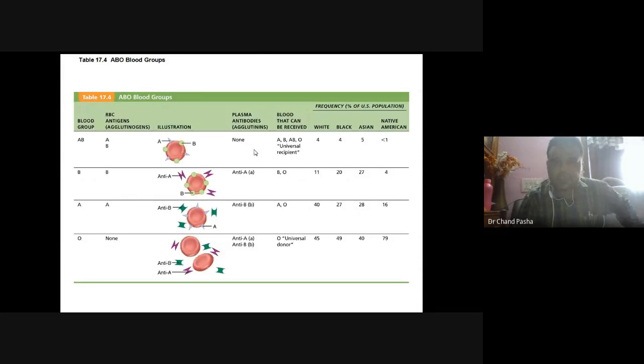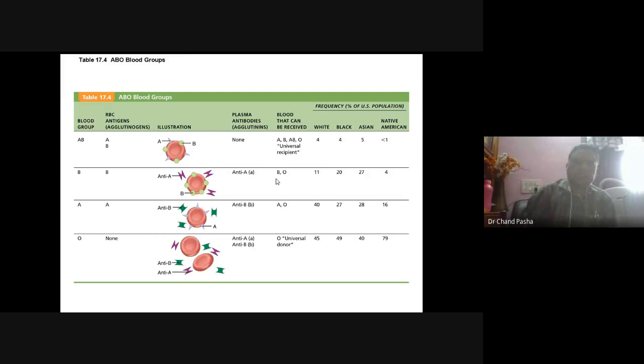They can receive blood from anybody, A, B, so they are called universal recipients. Now for B, on RBCs there will be only B antigens, and in the plasma you will have anti-A antibody. Anti-A antibodies are soluble and are there in the plasma. These people can take blood from B and O.